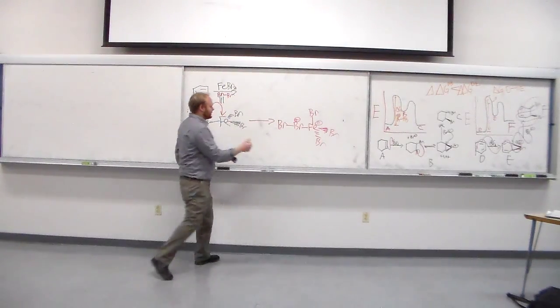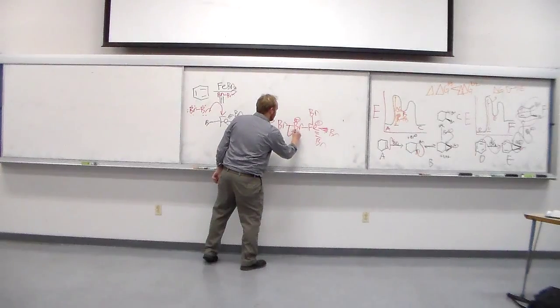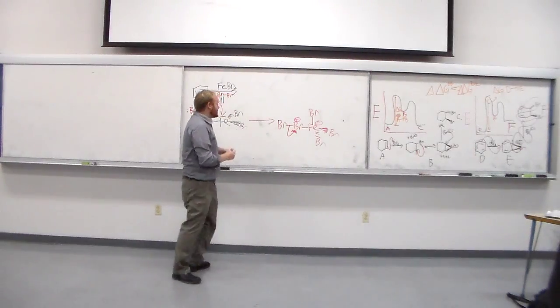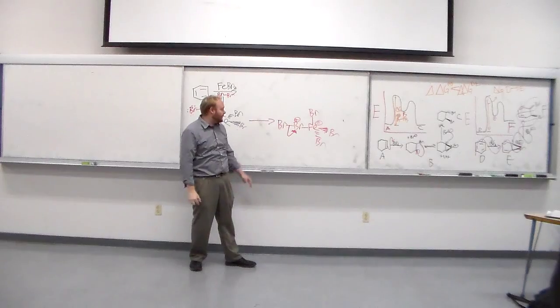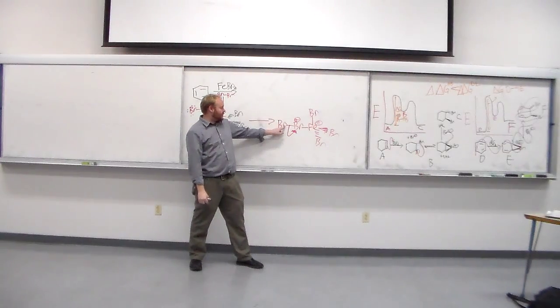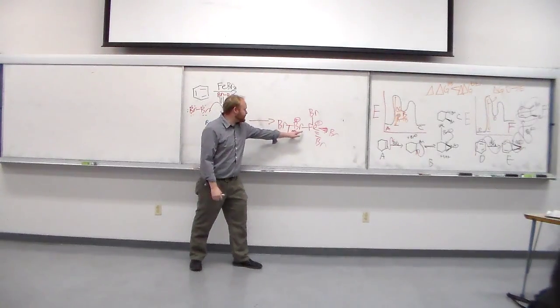The next step is this bromine is just going to fall off. This bromine is going to give the electron it shares in the bromine-bromine bond to this bromine.